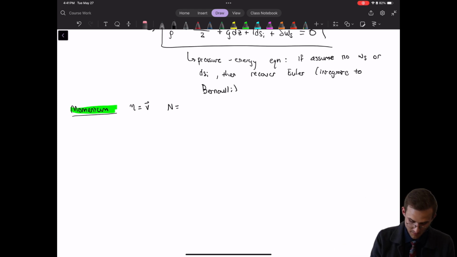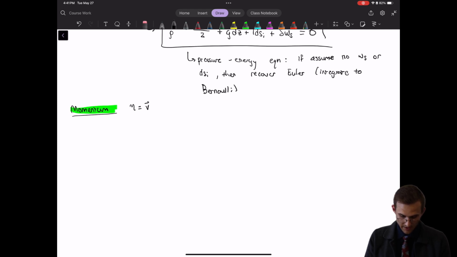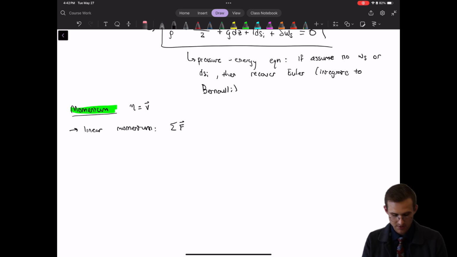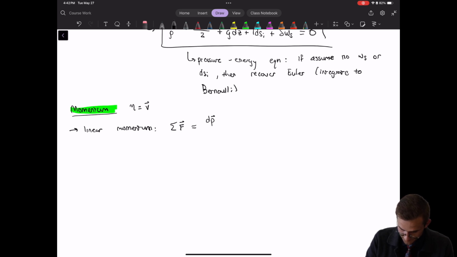So the amount of momentum per unit mass is just the velocity. We're talking about linear momentum, and since we're talking about linear momentum, we can invoke Newton's second law, which tells us that the sum of the forces acting on your system or object is equal to the time rate of change of the momentum of that system or object, right?